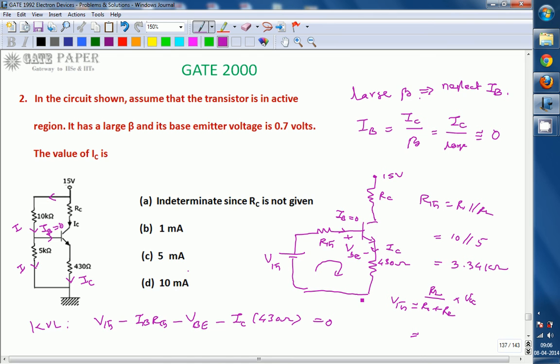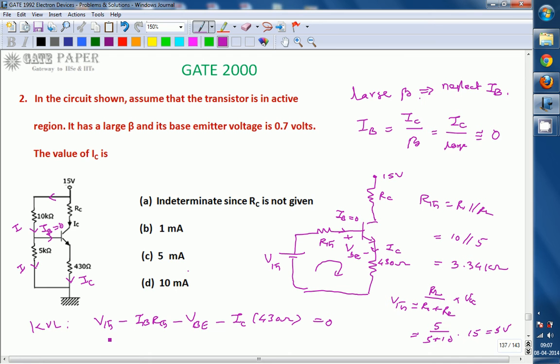R2 is 5 kilo ohms in this diagram, and R1 is 10 kilo ohms. So this is 5 by 5 plus 10 into 15 volts, that is 5 by 15 times 15, so it will be equal to 5 volts.